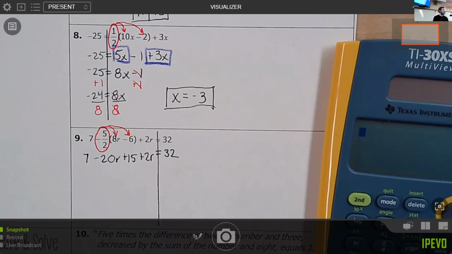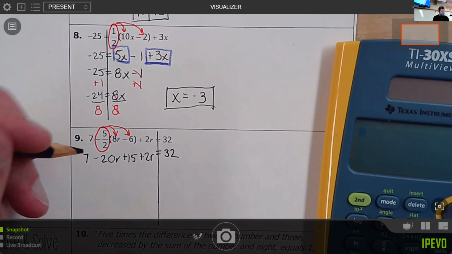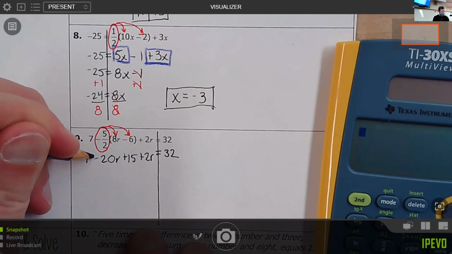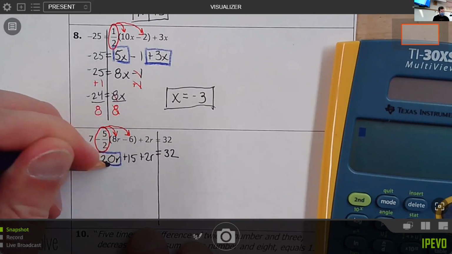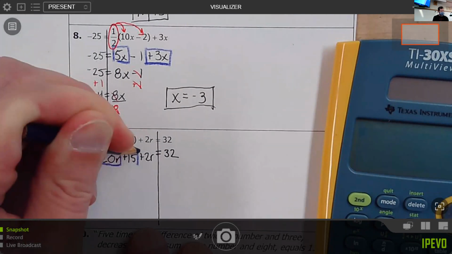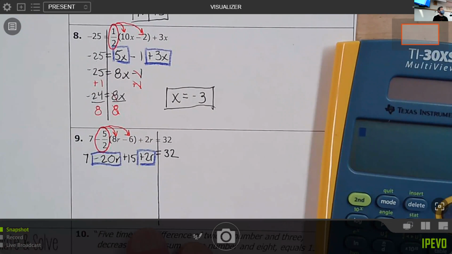Do we have like terms that we can combine on this one? Yeah, all right. Where are they? So negative 20r and a positive 2r. Okay, anything else? What? 7 and 15.